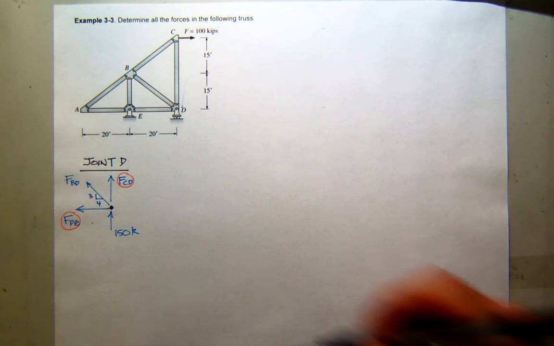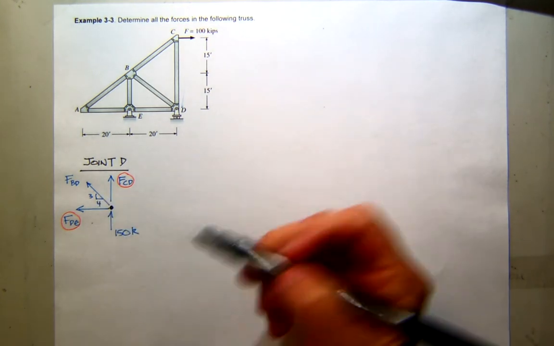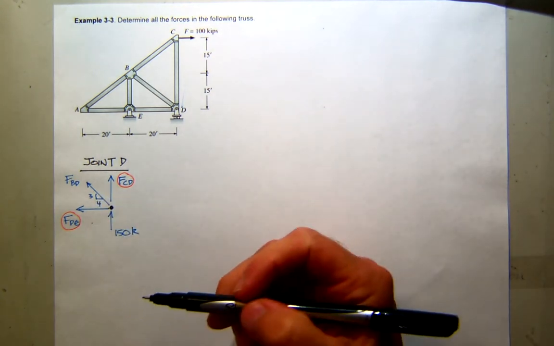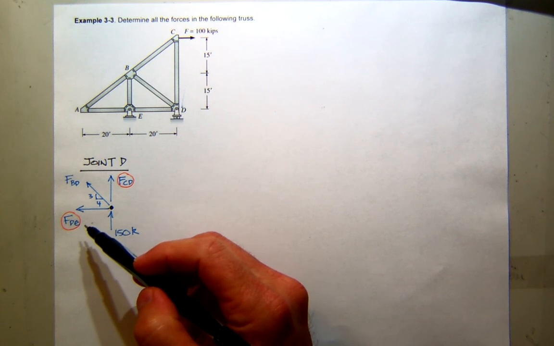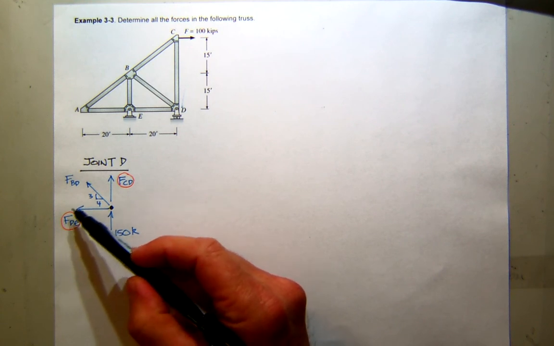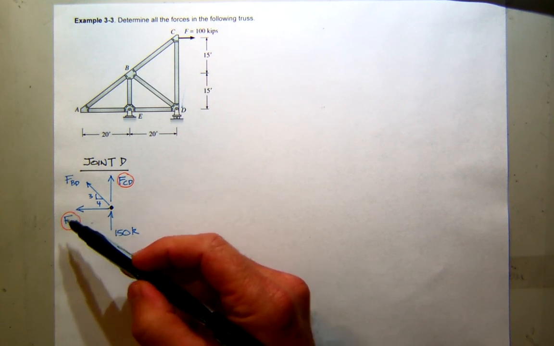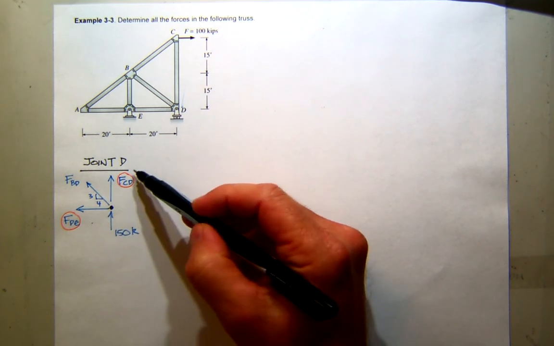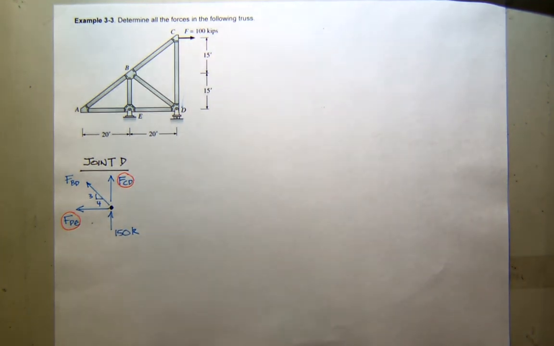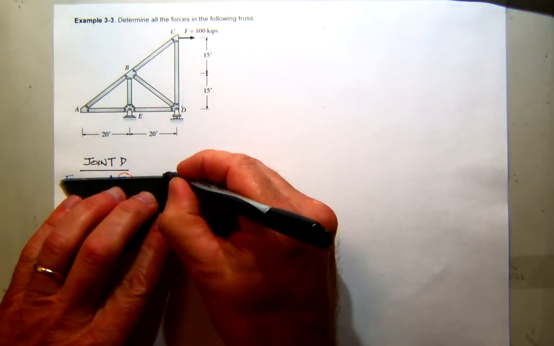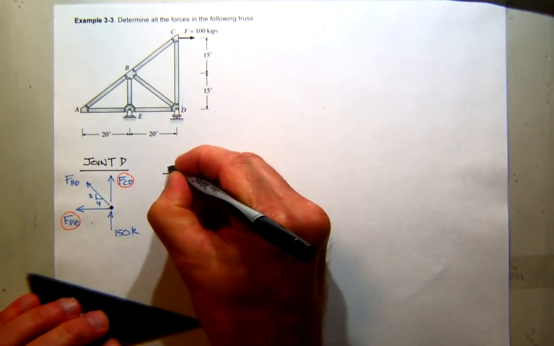So what's the path of least resistance to get this one? I don't think it matters, but maybe summing forces in the X, because it only includes one computed value, whereas if you sum forces in the Y, you have two computed values. It's a very fine line. You could go either way. I'm going to go with summing forces in the X.